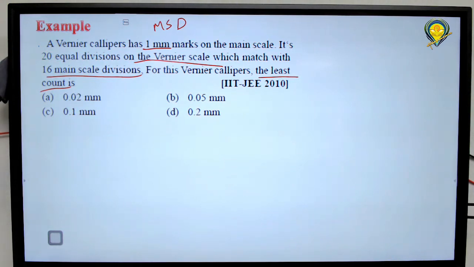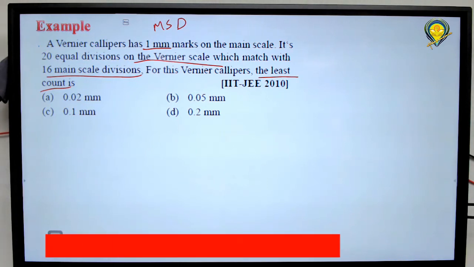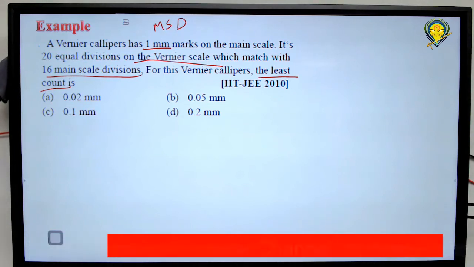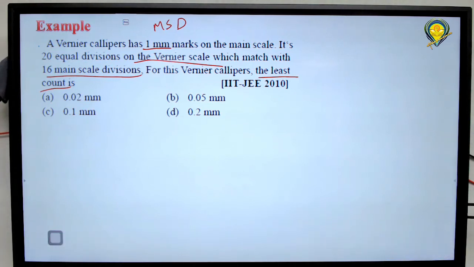After that, substitute in the least count equals one main scale division minus one vernier scale division. Use that second method. Is it 0.02 or 0.2? 0.2 mm.